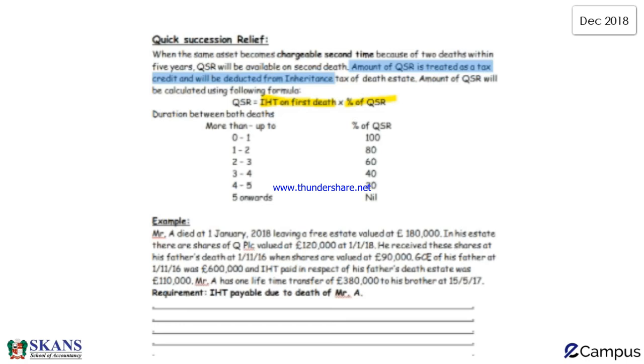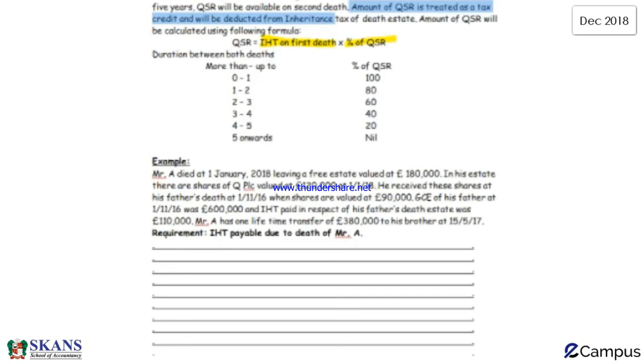If you have a look at the following example, we would be able to discuss QSR in a better way. Mr. A died on 1st January 2018, leaving an estate valued at 180,000. In the estate, there are shares of Q PLC valued at 120,000 at 1st January 2018, obviously his date of death. He received these shares at his father's death on 1st November 2016.